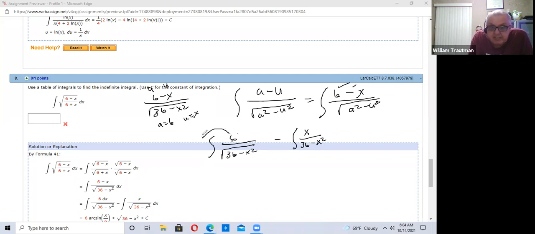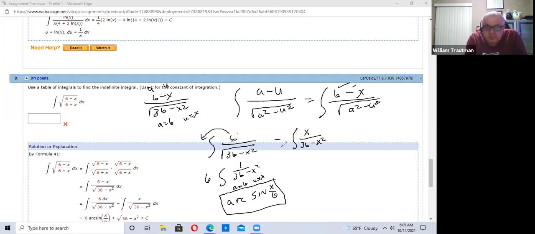And I can bring the 6 in front, 1 over the square root of 36 minus x squared. So here is where a equals 6 and u equals x. And we can actually follow 41 now. And 41 ends up becoming arc sine of u over a. U is x and a is 6. So that's what that part becomes.